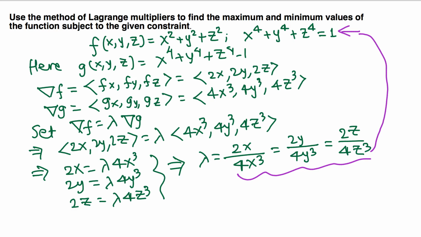Let's take first and third ratios. So express x in terms of z, do the same thing, express y in terms of z. Once we have x and y, go back and plug in x in terms of z, y in terms of z, then we'll have only one variable z, and we should be able to determine that value.